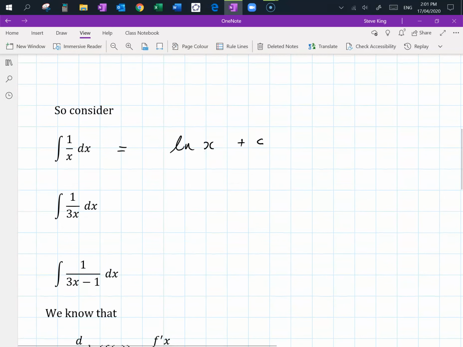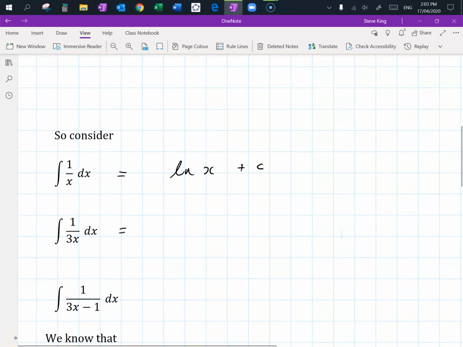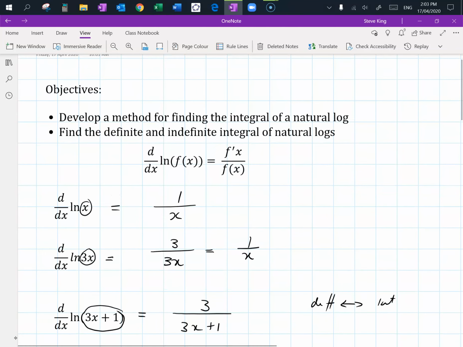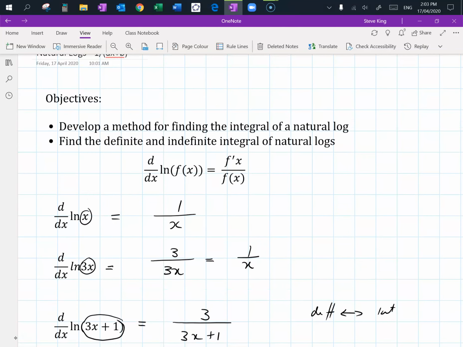What did I derive to get the integral of 1 over 3x dx? Well, this is slightly more complicated, and we need to think about this in a little more detail. When we looked at deriving, we used this formula over here. We ended up having the derivative of the function up on the top and the actual function down at the bottom of the fraction.